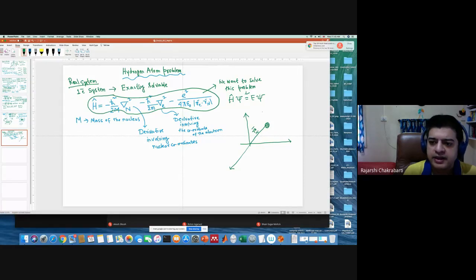Okay, and then I can draw an electron here. This is your nucleus, this is your electron, and I can also join this electron to the origin, and this will give me the electronic coordinate. The distance between these two is given by this. These are all vectors. And Re minus Rn, if I take the modulus, the absolute value of that, gives you the distance between the electron and the nucleus.